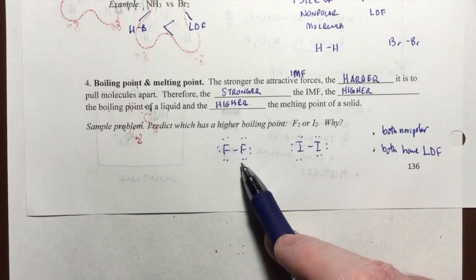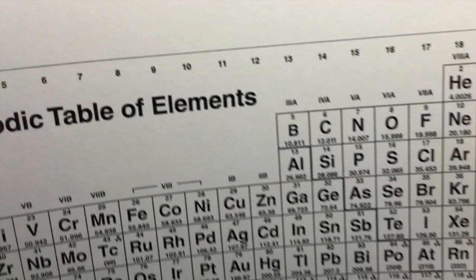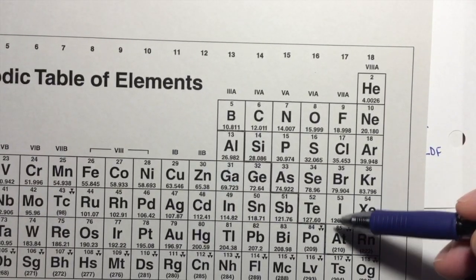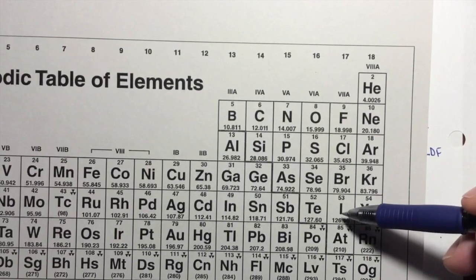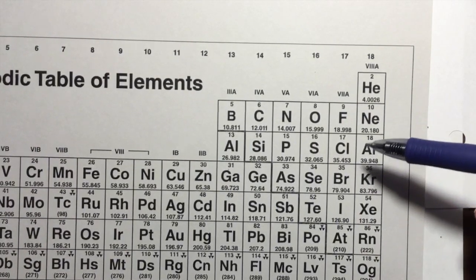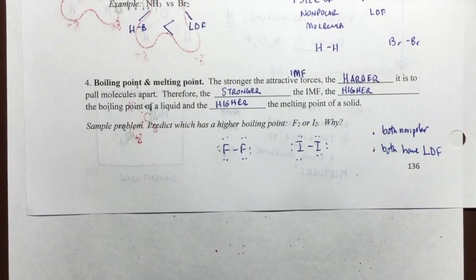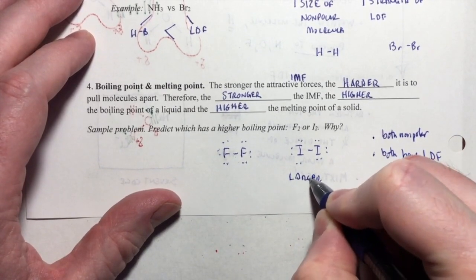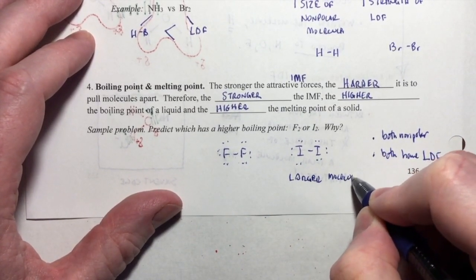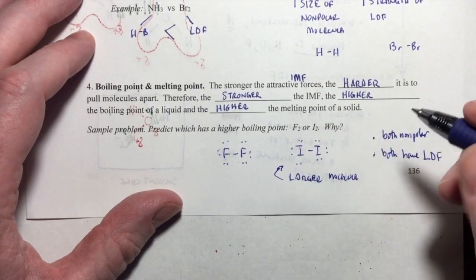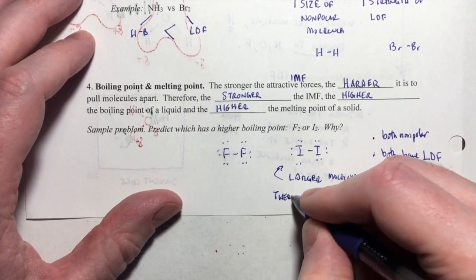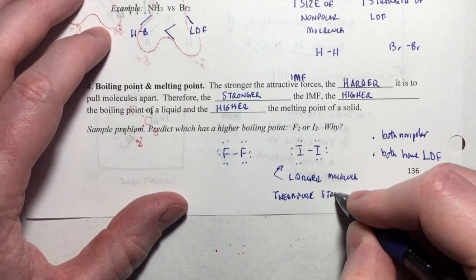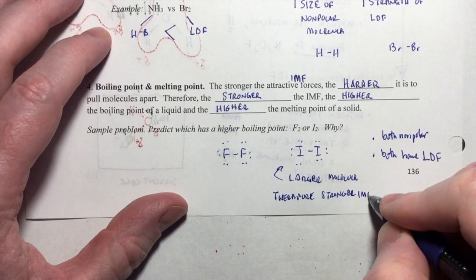So which of these is going to be larger, F2 or I2? Well, if we look on our periodic table, you can see that fluorine is here, iodine is here. Iodine is a much larger atom than fluorine. So the I2 molecule is going to be much larger. So this is a larger molecule, and therefore a stronger IMF.